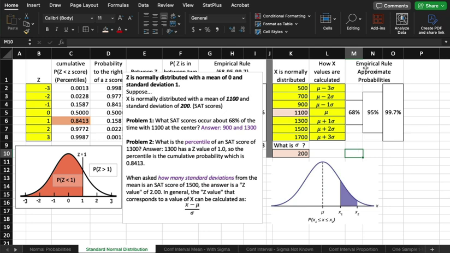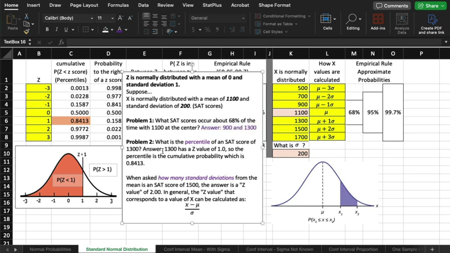And using the empirical rule, 68% of our numbers lie within one standard deviation of the mean. And we just calculated those numbers to be 900 and 1300. So the answer to problem number 1 is 900 and 1300.